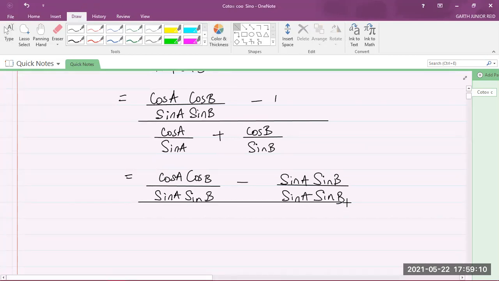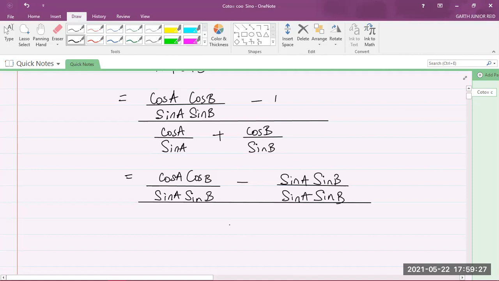Remember that we're dividing all of this as well by the cos of A over the sine of A plus the cos of B over the sine of B. Now I want the same denominator here.